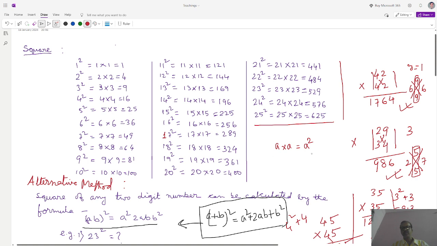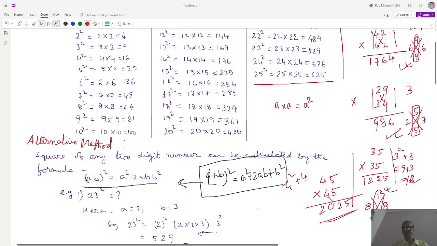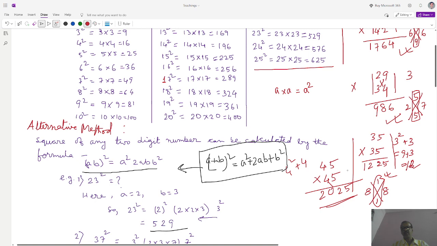To save time, I describe three methods here. Particularly if the unit digit is high, then this method is applicable. And in general, this method and this method are applicable.